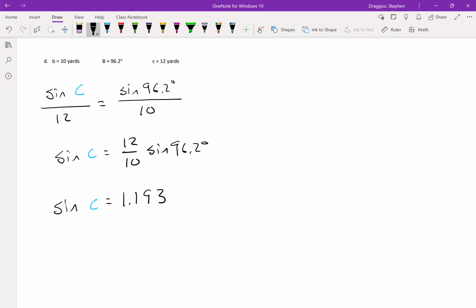And we run into a bit of a problem here, because we have that sine of C is equal to a number that's bigger than 1. So we end up getting no solution here.